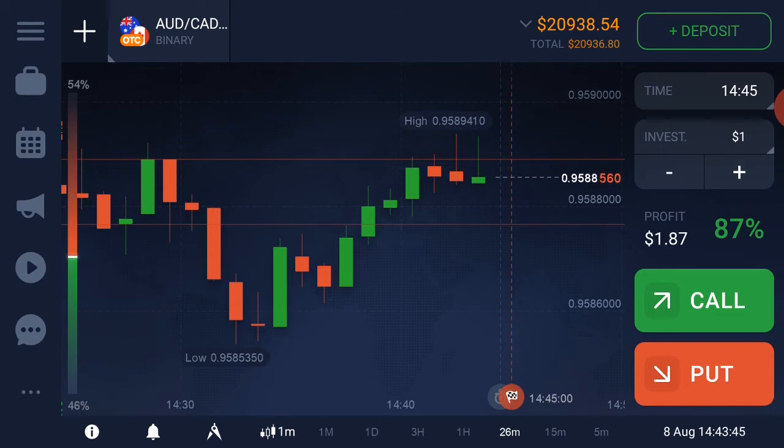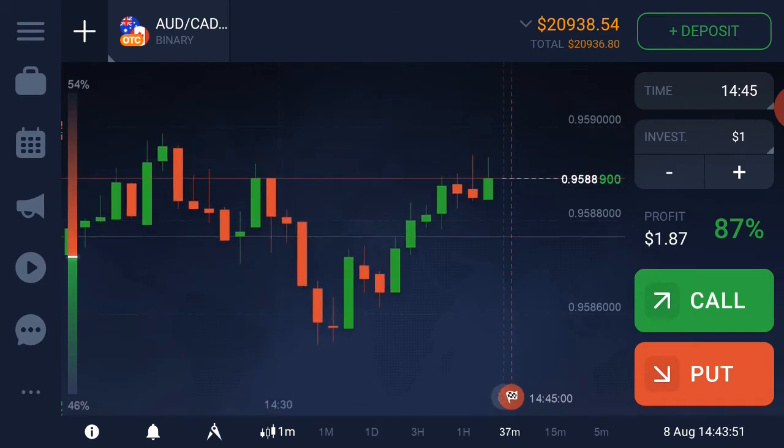Don't gamble on IQ Option. If you only guess, then you can lose every time. If you place a trade here logically, then you can win, no problem.